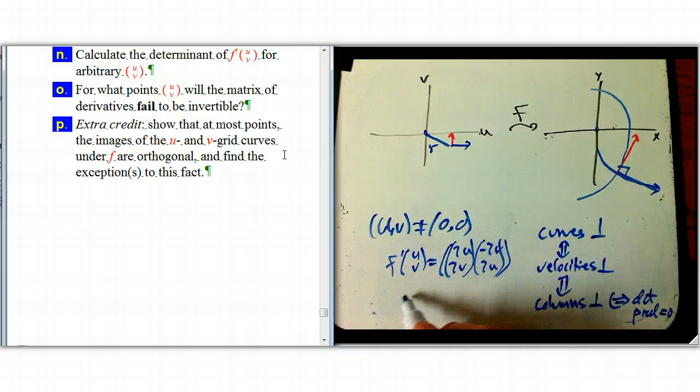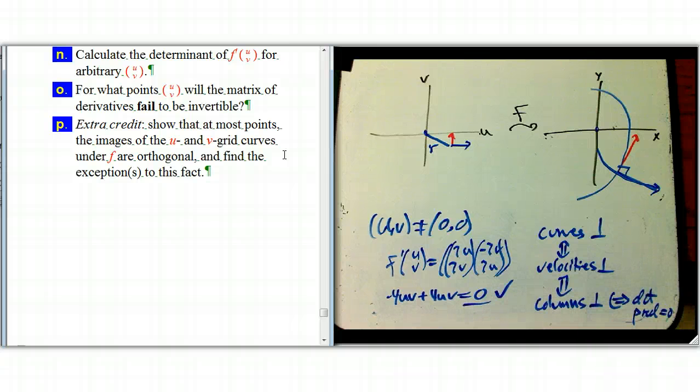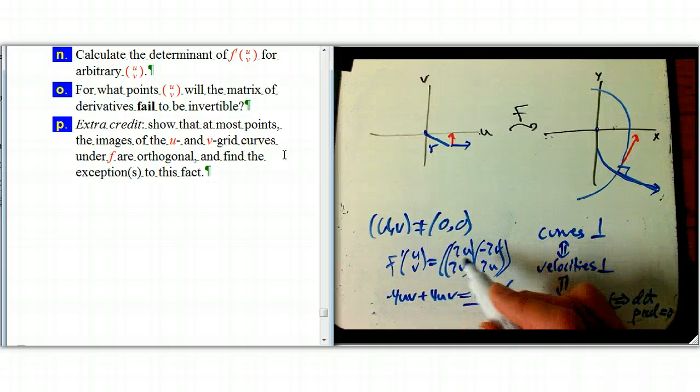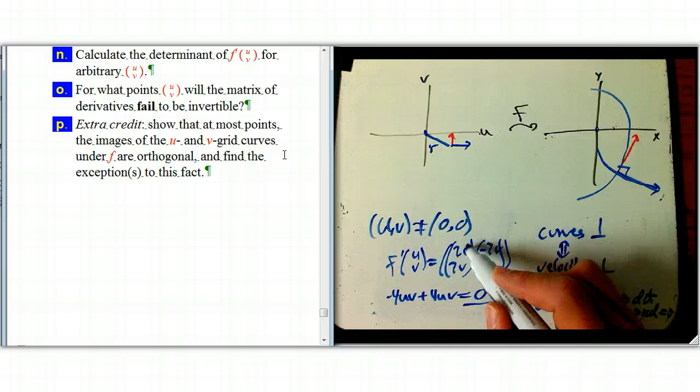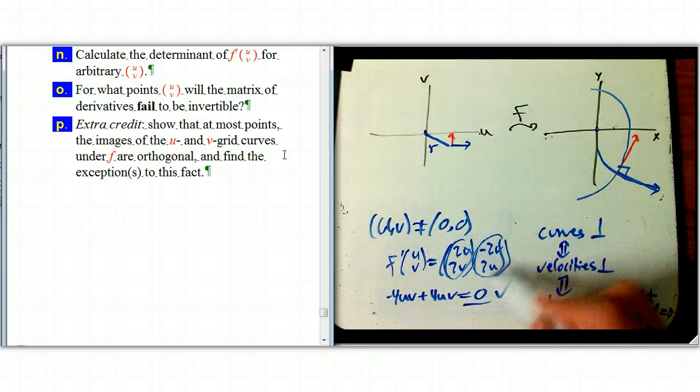Well, the dot product's really easy to take. The dot product of the columns is just minus 4uv plus 4uv equals 0. Check. So let's also look at what happens when (u, v) is not at the origin. This is not the 0 vector, and this is not the 0 vector.